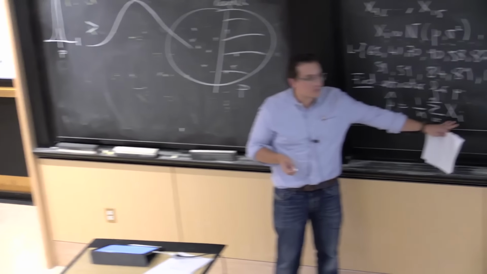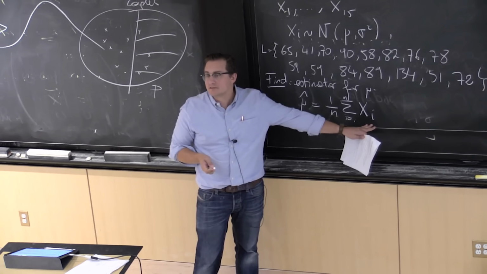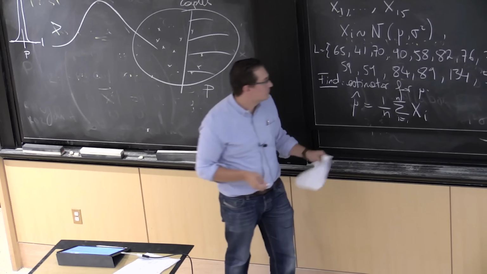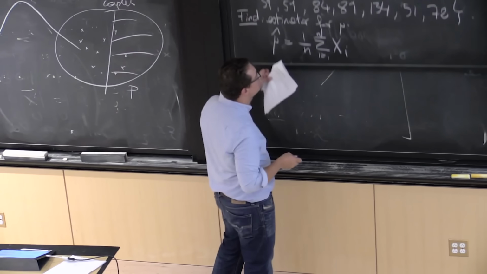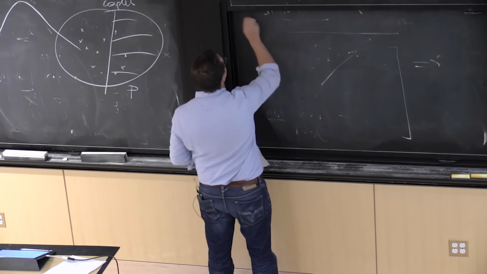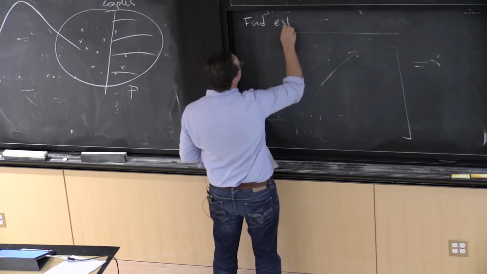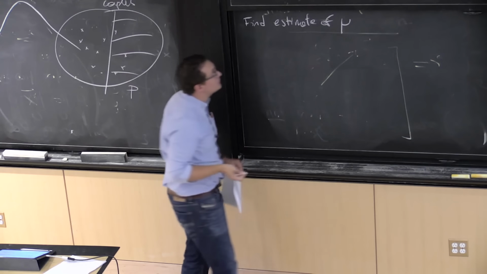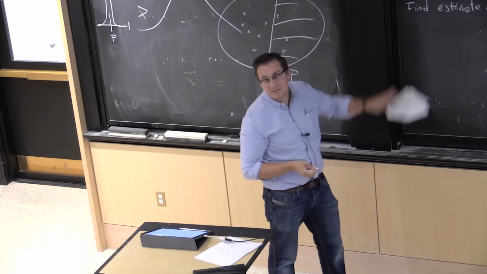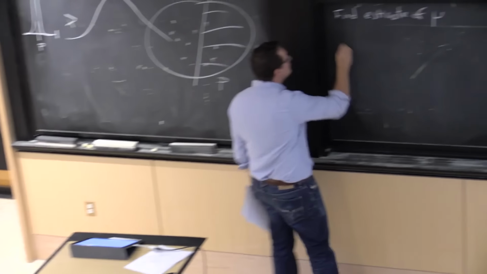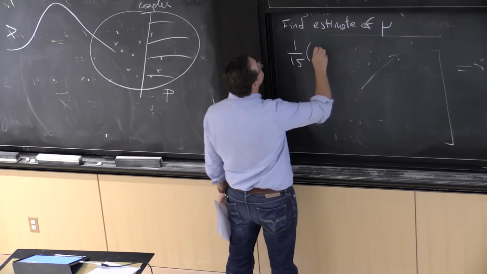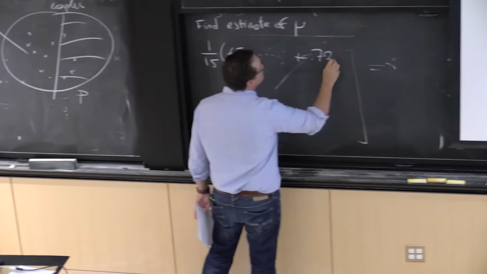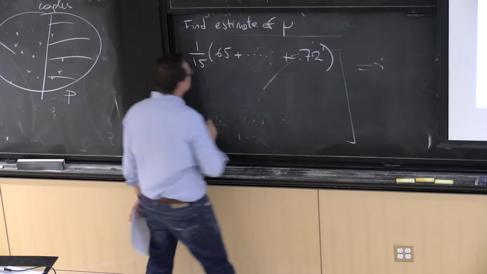Now, the xi's no longer need to be zeros and ones, so it's not going to boil down to being a number of ones divided by the total number. Now, if I'm looking for an estimate, well, I need to actually sum those numbers and divide them by 15, right? So my estimate is going to be 1 over 15, and then I'm going to start summing those numbers, 65 plus 72. Okay?